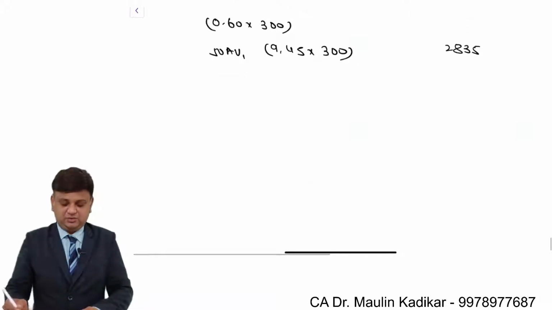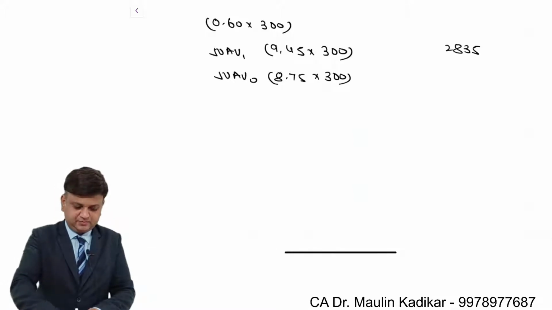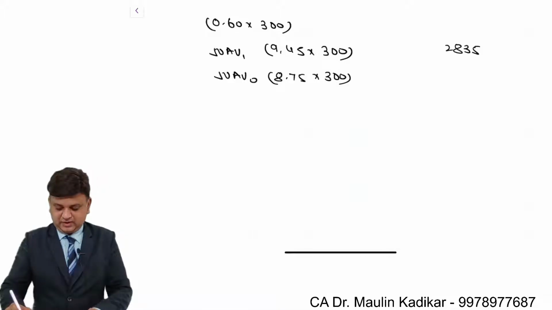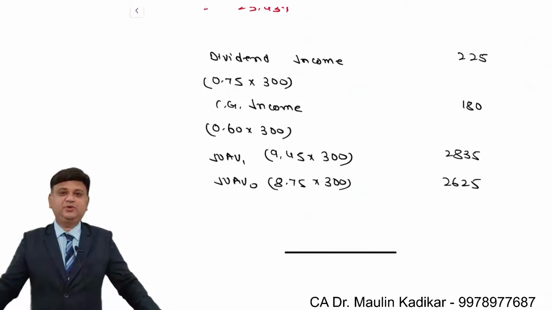Lastly, NAV 0. It is 8 rupees 75 paise into 300 units. That is 2625. So using all this, we can compute the return.